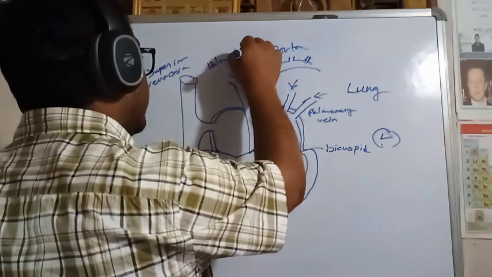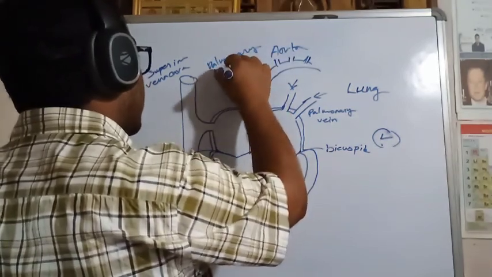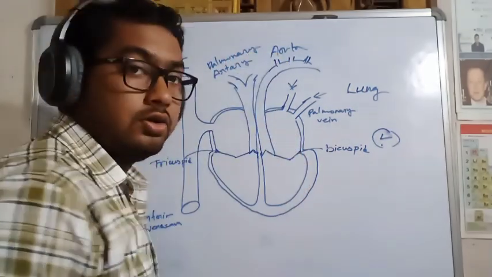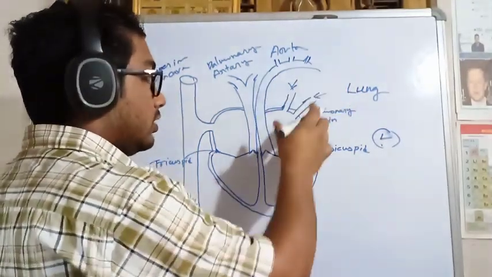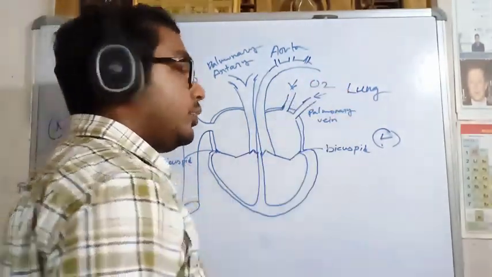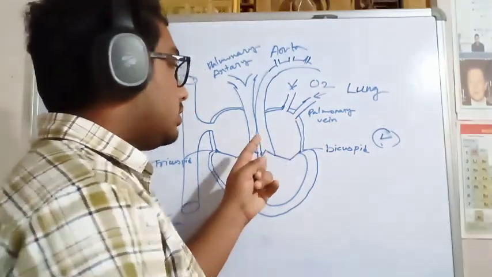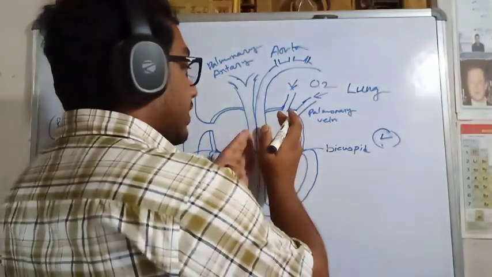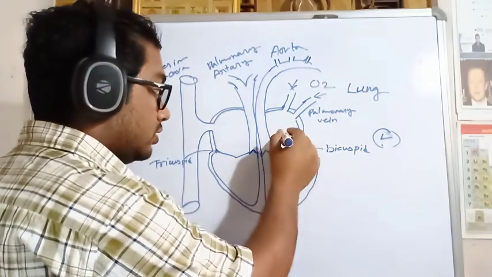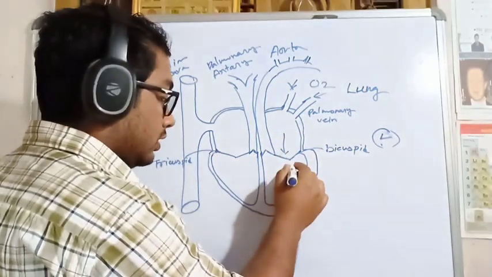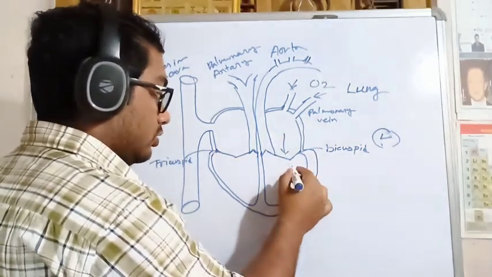That is the pulmonary vein, and the pulmonary blood is the oxygenated blood, the pure blood. It comes into the left atrium, and after the left atrium it goes to the left ventricle.